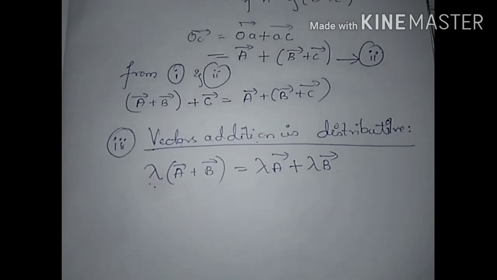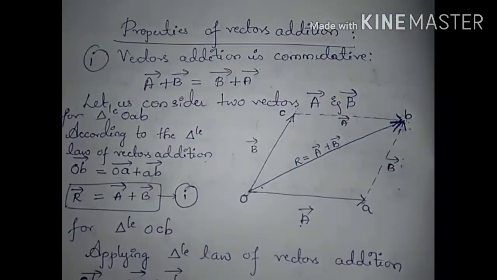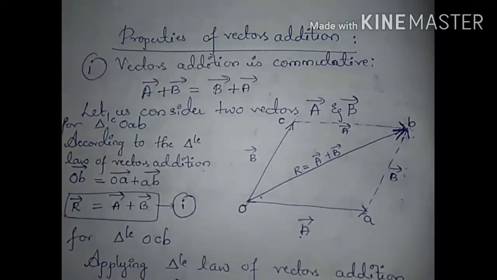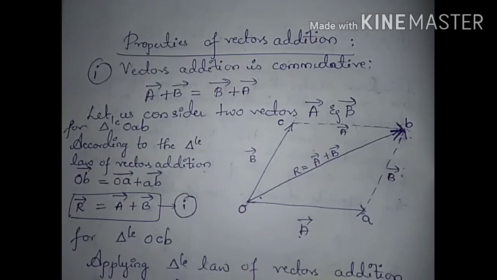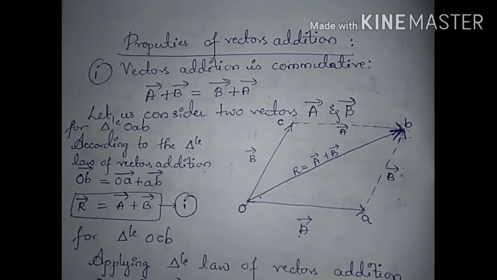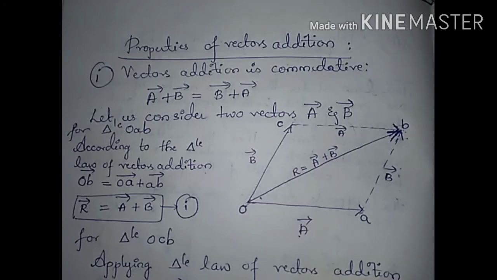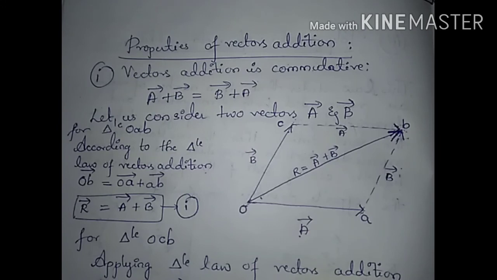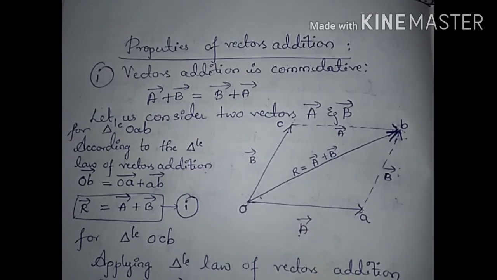So basically we saw the three properties of vectors addition. The first is that vectors addition is commutative, the second is that it is associative, and the third is that it is distributive. To find the properties, we drew the diagram and applied the triangle law of vectors addition to the triangles obtained in the diagram.